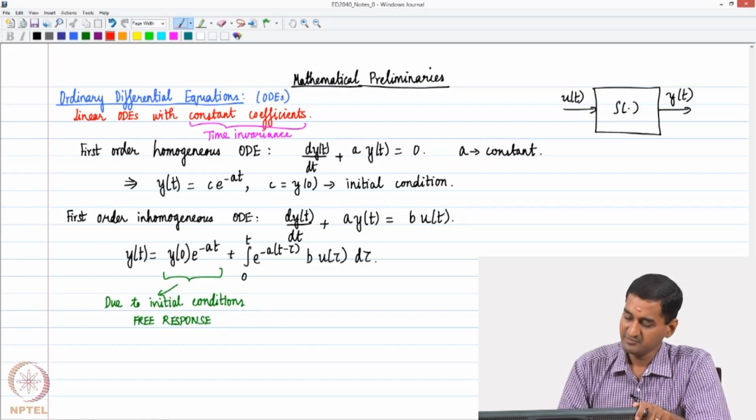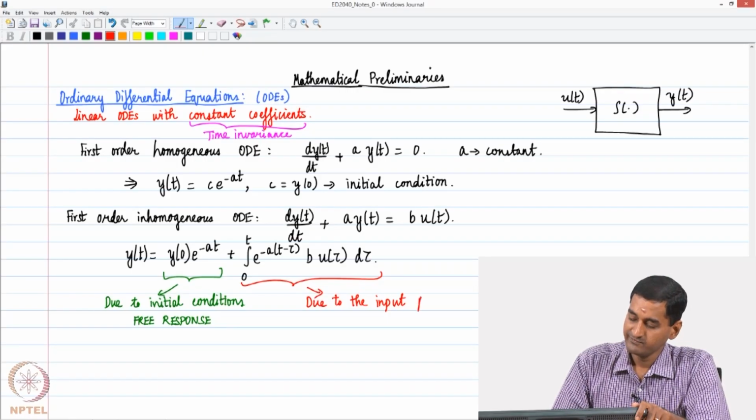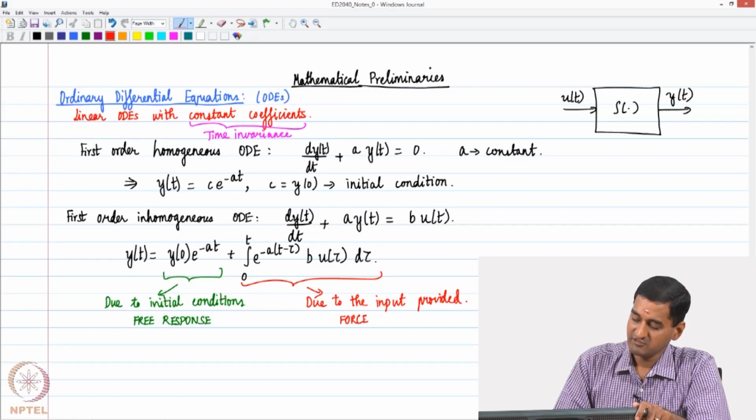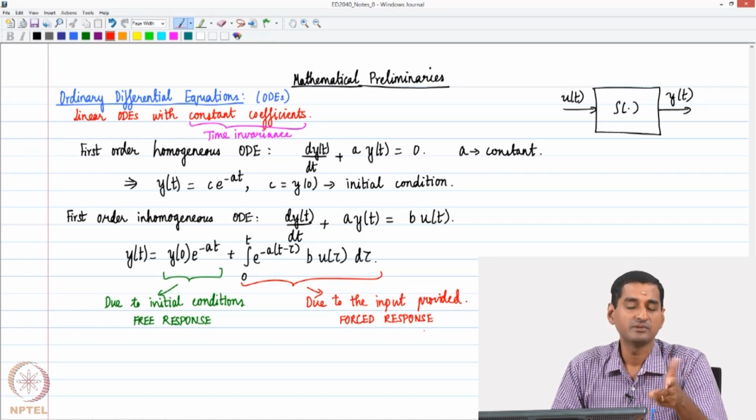The second part is a solution due to the input provided. This response is what is called a forced response. So, we see that in general we have two components to the output function.